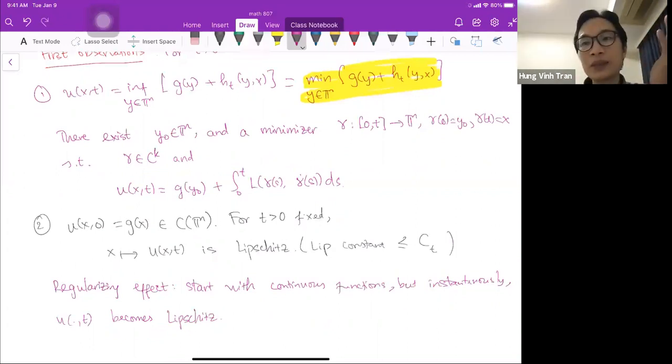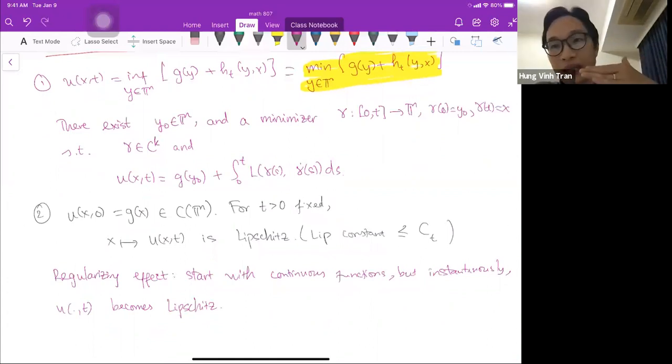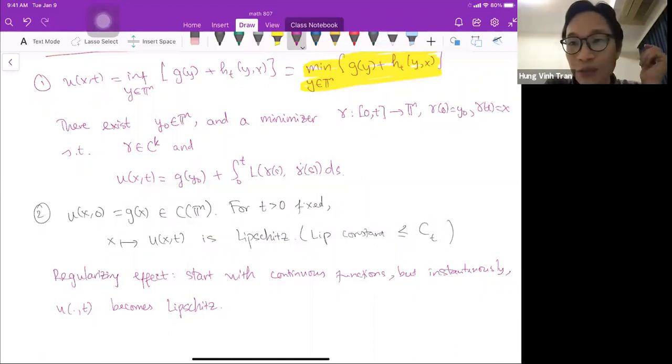This behavior is like the heat equation. You start with very rough initial data, but instantaneously your solution becomes C infinity for t small enough. Again, the smoothness constant might blow up as t goes to 0, but that's a remarkable point. Details will be coming more and more, and the Lipschitz property and so on we're going to prove later. I just throw out certain points to start with.